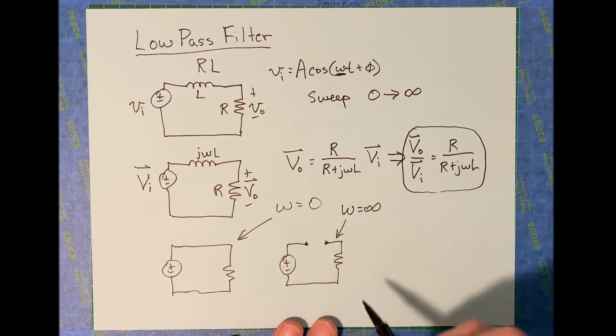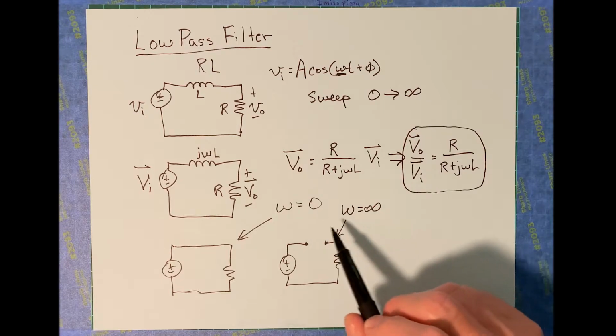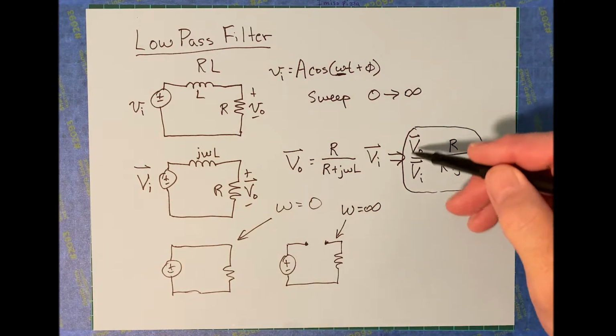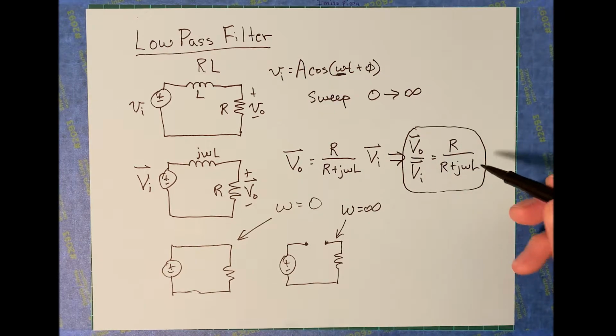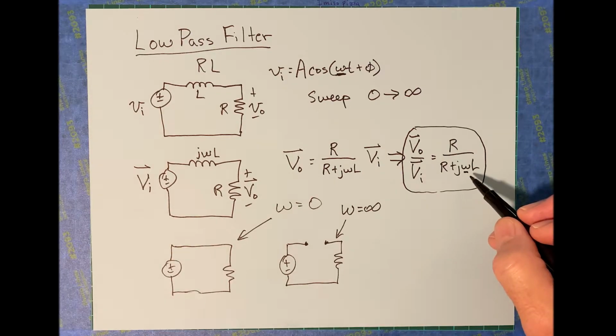So this is what you get if you have an infinite omega. But between these two extreme values, we're going to have some sort of response that is going to look like this function here. And you can see that it does depend upon omega. It's inversely proportional to omega here.